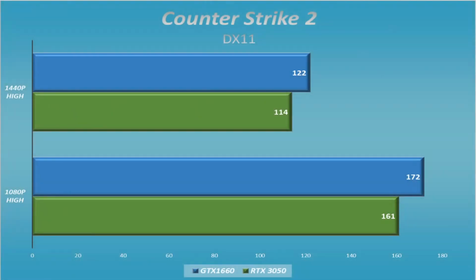But in any case, Counter-Strike being the esports title, I have a feeling that some of these other esports titles are also going to favor the 1660, but these two cards are very, very similar in just how they react. The temperatures are very similar. When I was looking at how much each of these games used in the VRAM, they were very similar.